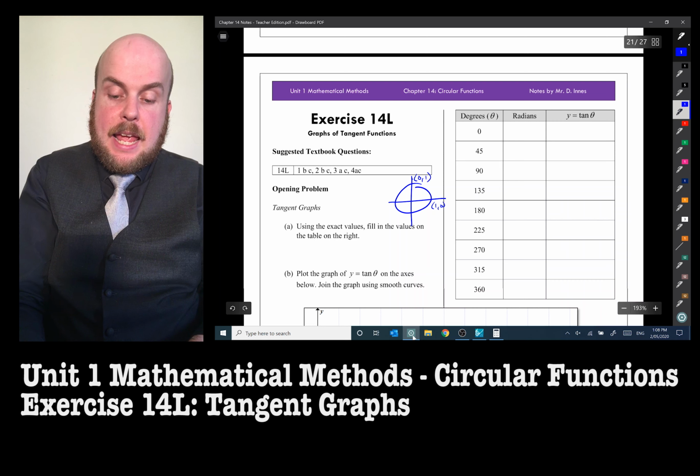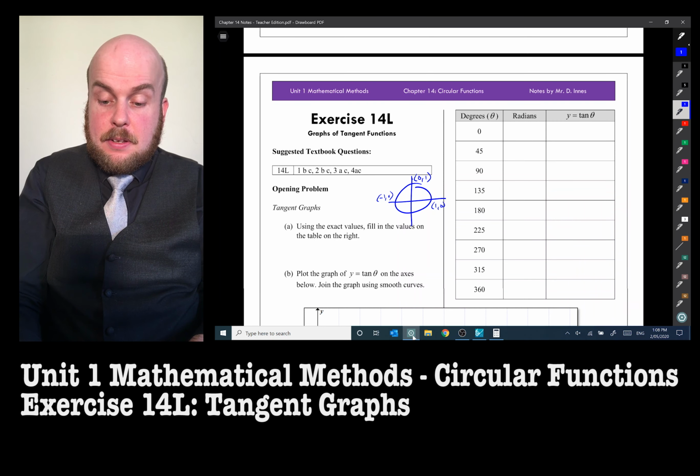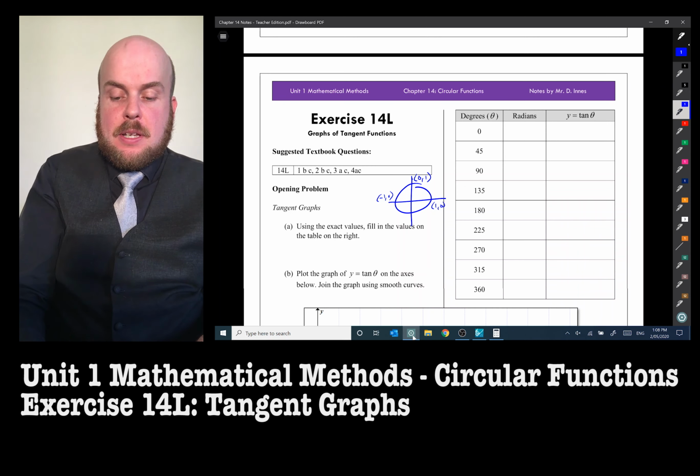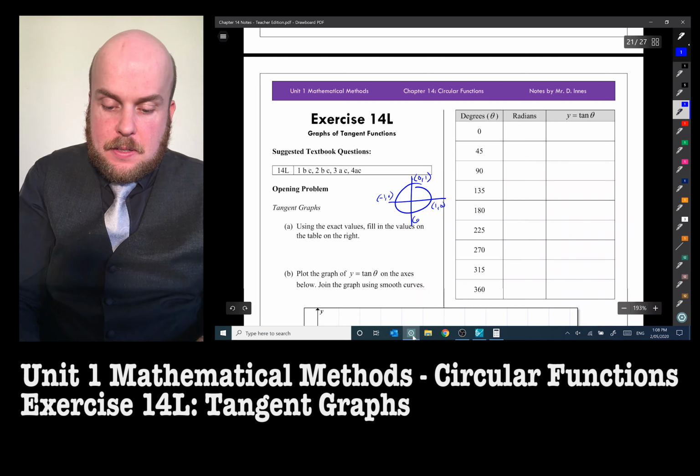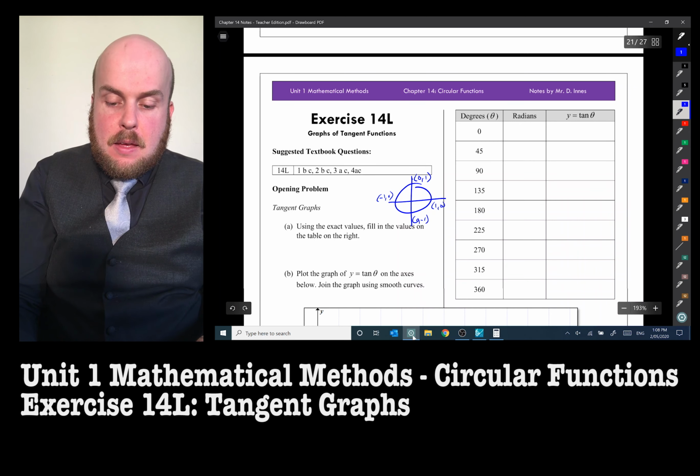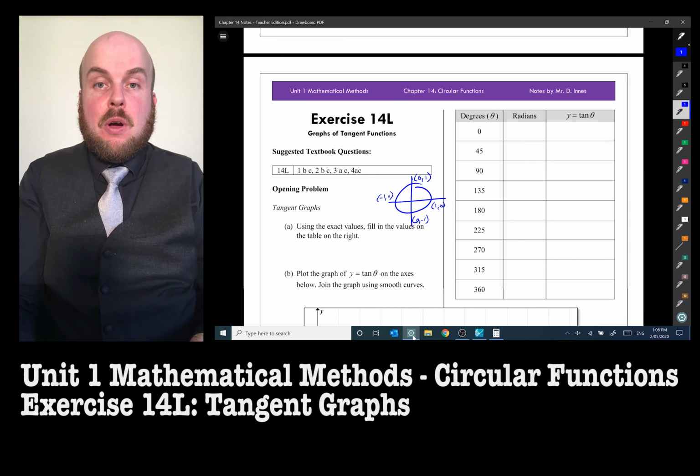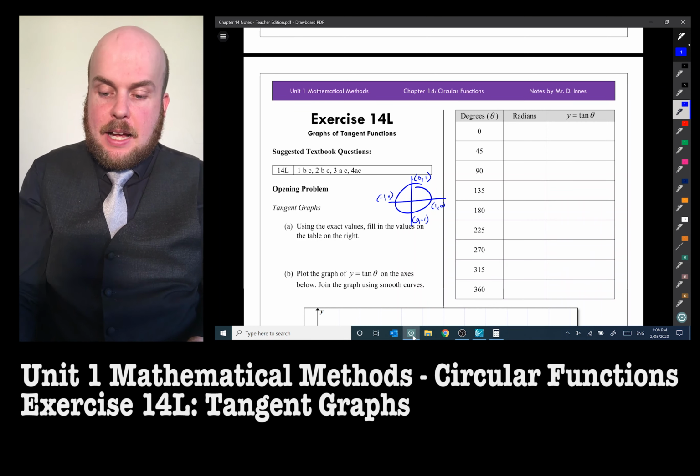And remember that tan is simply the y value divided by the x value, which is the sine value divided by the cos. So it would mean that for every pi on 2, or for every 90 degrees, it is undefined.